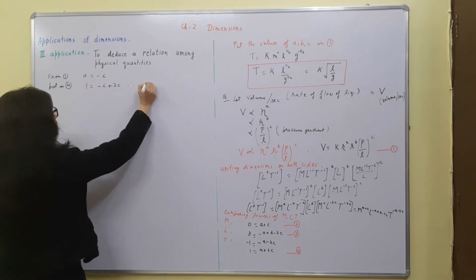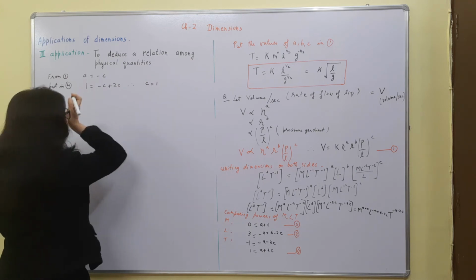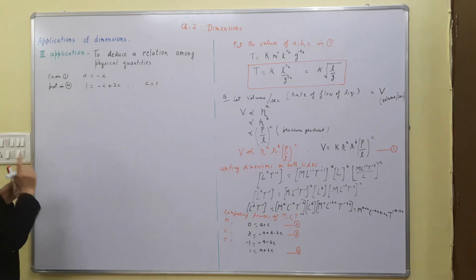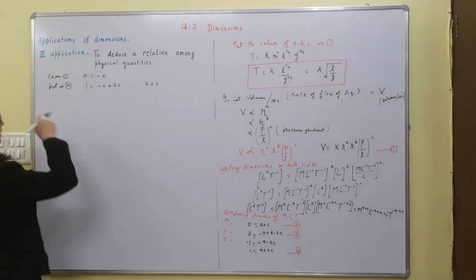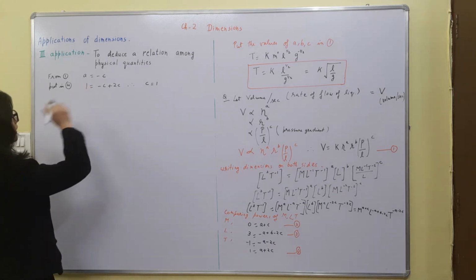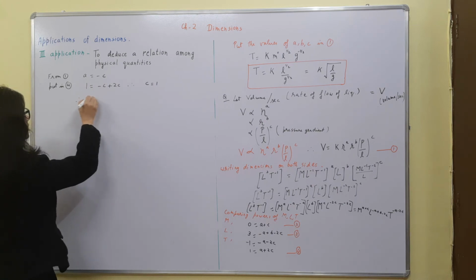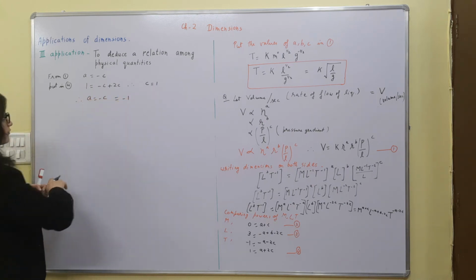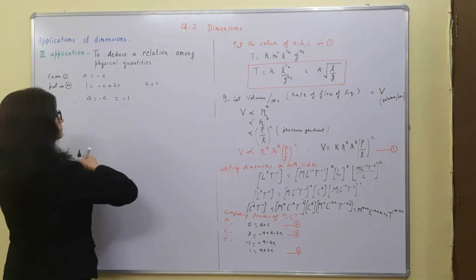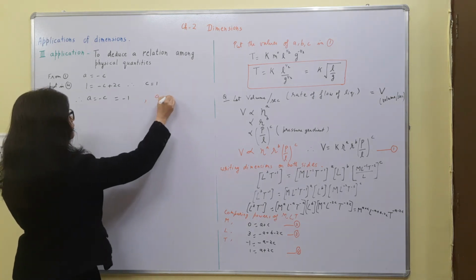Therefore, c is equal to 1. Then I can put this value of c over here again. I'll get a is equal to minus c, that means minus 1. So I've got two values, c is equal to 1 and a is equal to minus 1.